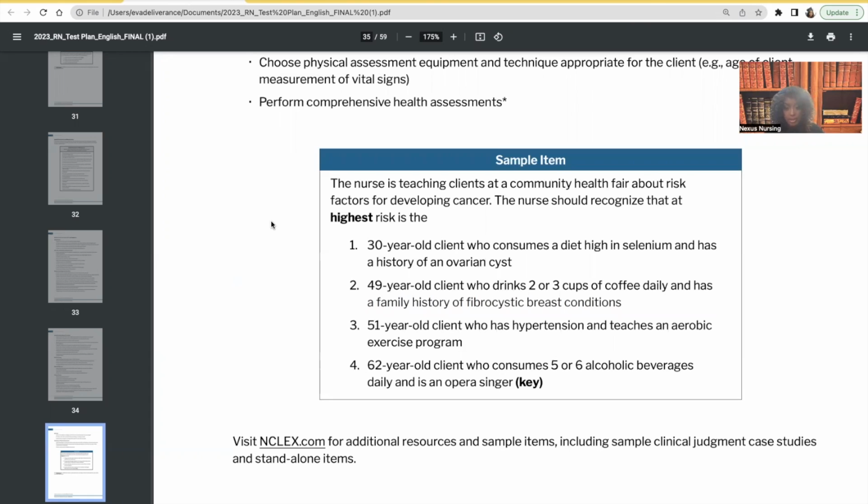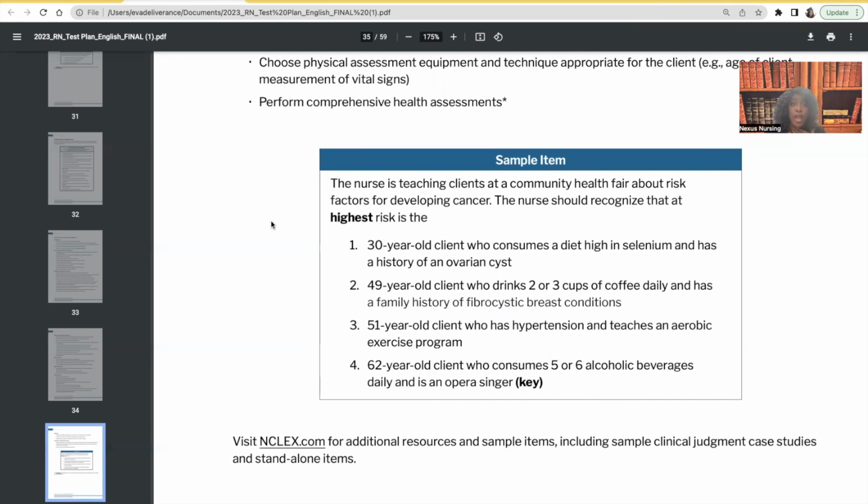So let's talk about this. Even if you didn't know what the answer was, look at your choices. Number 1, we know when it comes to cancer, the older that you get, the higher your risk. This is the oldest person out of the group. Number 2, we know that excessive alcohol and excessive tobacco use increases your risk of cancer: 5 to 6 alcoholic beverages, and opera singers.